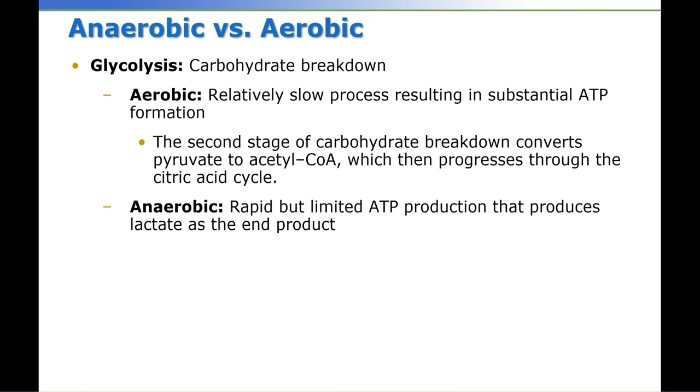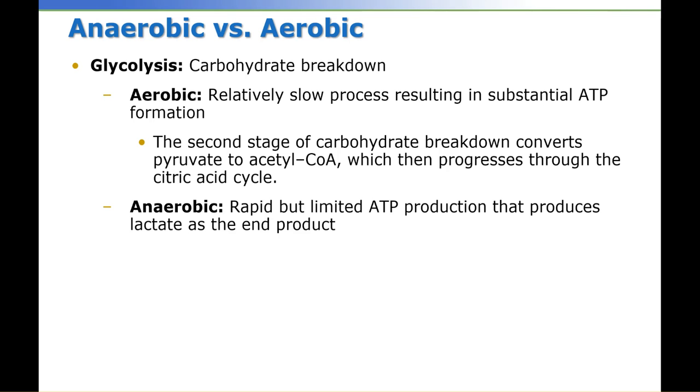Anaerobic versus aerobic. Glycolysis is carbohydrate breakdown. Aerobic is relatively slow process resulting in a lot of ATP, but it takes time to get to that point. Second stage of carbohydrate breakdown converts pyruvate to acetyl-CoA, which then progresses through the citric acid cycle. Then you have the anaerobic system, which is rapid but limited ATP production that produces lactate as an end product.